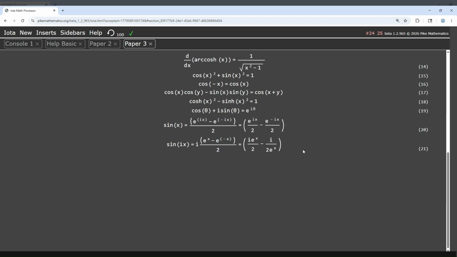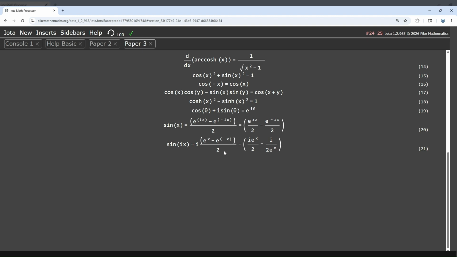Okay. This real piece here comes up so often in math and physics that it's been given its own name. And this is the hyperbolic sine function. You could do a similar thing for hyperbolic cosine, but this e to the x minus e to the minus x over 2, that is hyperbolic sine of x.